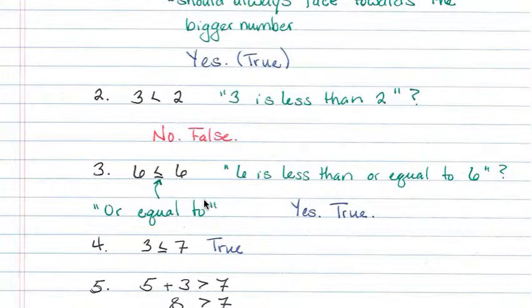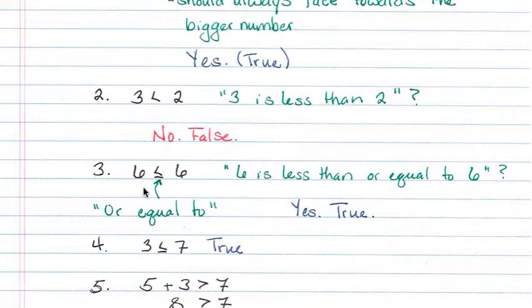Now, on this third example, when I underline them, that means or equal to. So this inequality reads 6 is less than or equal to 6. So is 6 less than 6? No. But is 6 equal to 6? Yes, obviously. So this one is true.